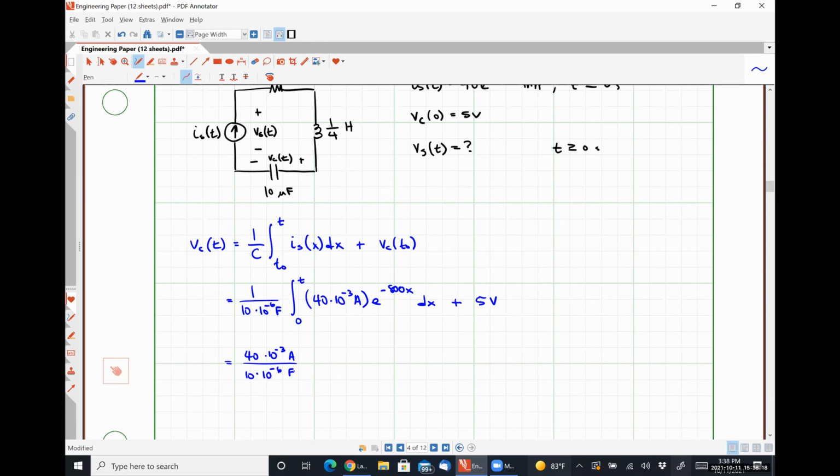Before we go forward, what is this? Anybody have any thoughts? The 40 over the 10 is going to look like 4. And 10 to the minus 3 divided by 10 to the minus 6, what's that going to look like? Four times 10 to the positive 3, right? Okay.